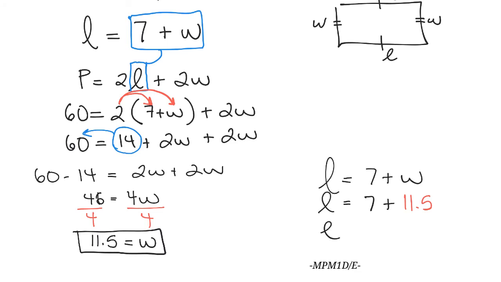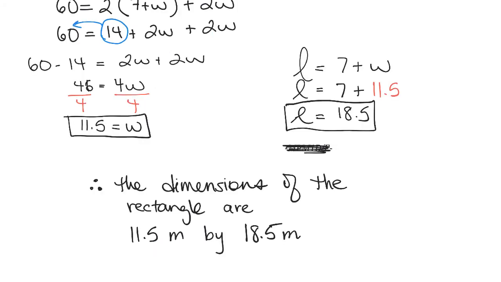And if I add those two numbers together, 7 plus 11.5 is 18.5. To finish off, we're going to write in a therefore statement. So we can say, therefore, the dimensions of the rectangle are 11.5 meters by 18.5 meters. So one side of the rectangle is 11.5 meters. Another side would be 18.5 meters.